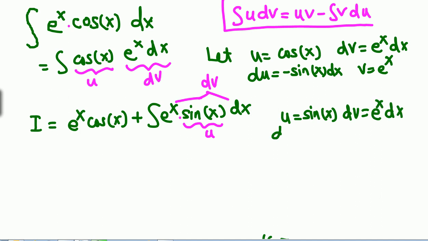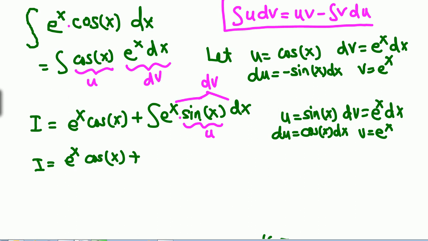So let's find du. So du, derivative of sine x is cosine x with respect to x, and the antiderivative v is e^x.